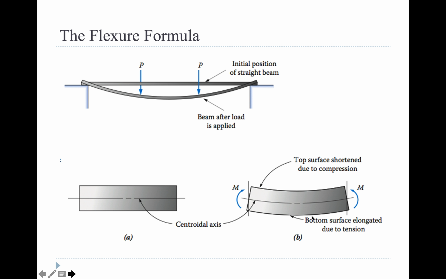If they're having to get longer, they're under tension. Well, the converse is happening at the top up here. This line is now getting shorter than where it previously was when it's being bent. So on the top, all the top surface is under compression. It's getting squished.